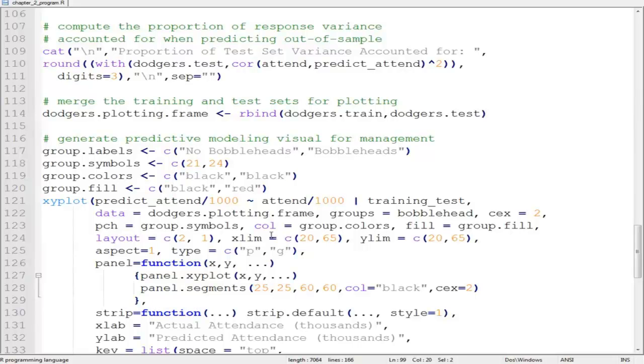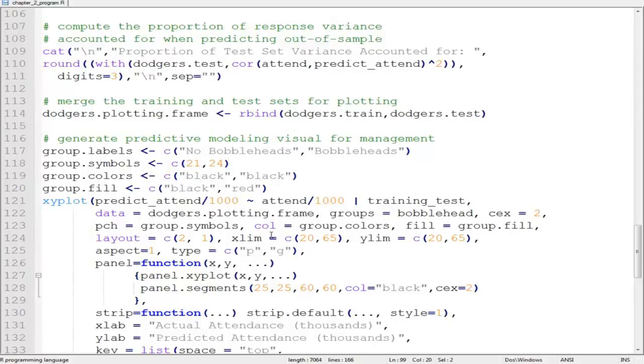So if this coefficient was 10,000, then 10,000 times 0 means what the attendance is going to be when we're not offering the bobblehead. And if bobblehead is 1, that means we are offering the bobblehead. If A3 is equal to 10,000, what's going to happen to attendance? It's going to be increased by 10,000.